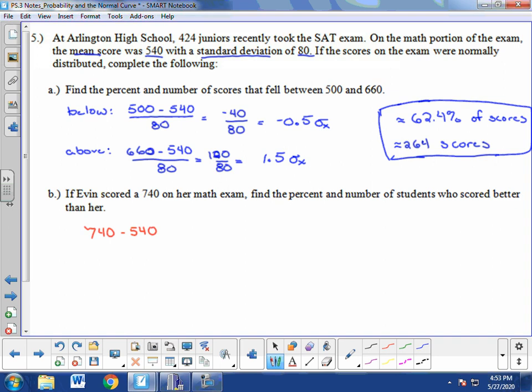So we can take the 740 minus 540, and then we can divide by the standard deviation to figure out how many standard deviations this was from the mean. So this would be 200 over 80. And if I divide 200 by 80, I'd get 2.5. So this is 2.5 standard deviations from the mean. That's where her score lied.